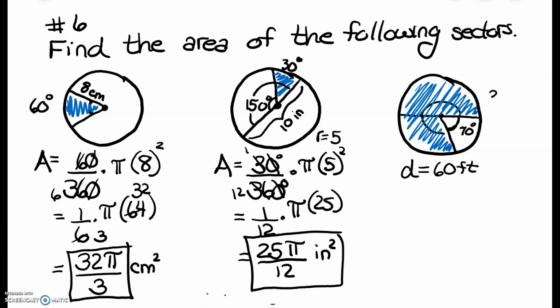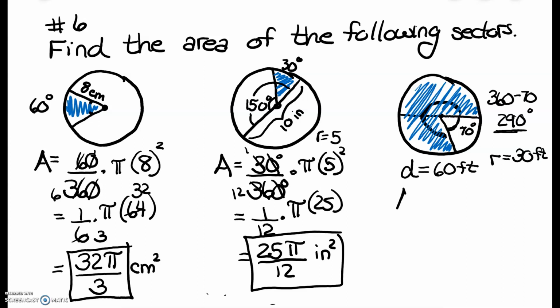So I want to take away that 70 degrees to find out what the blue sector or the blue angle is. So when I take away that 70 degrees, the blue portion has an arc measure or a central angle measure of 290 degrees. And I have to halve my diameter, so my radius is going to be 30 feet.